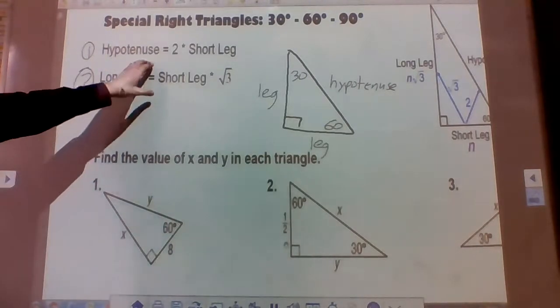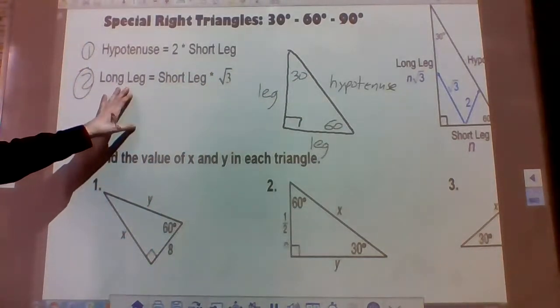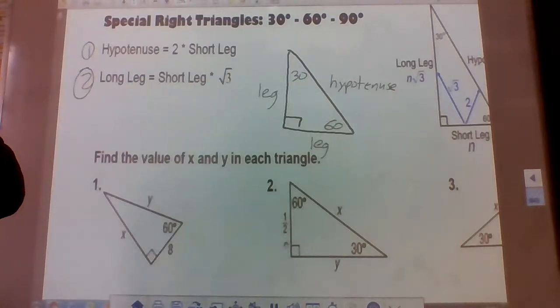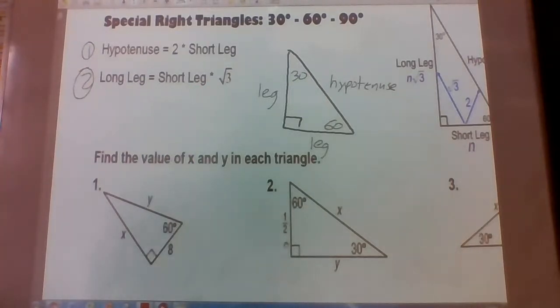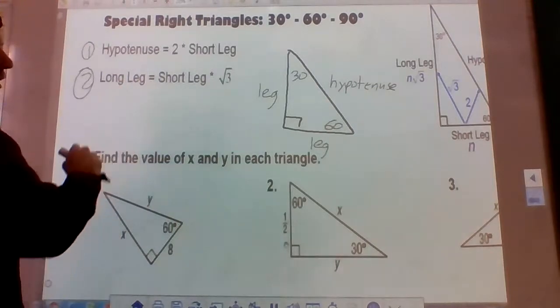One is that the hypotenuse is going to be 2 times the short leg, and the second is the long leg is the short leg times the square root of 3. We'll talk later about why those numbers are there, but for now we're just going to take them for granted. The last thing we need to talk about is short leg or long leg.